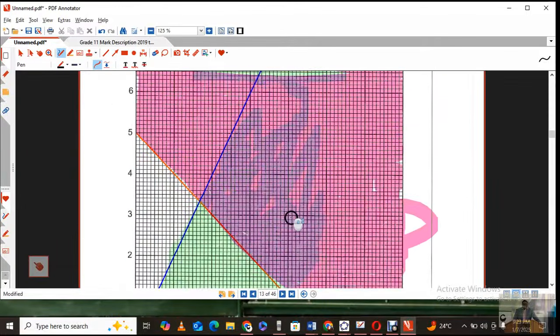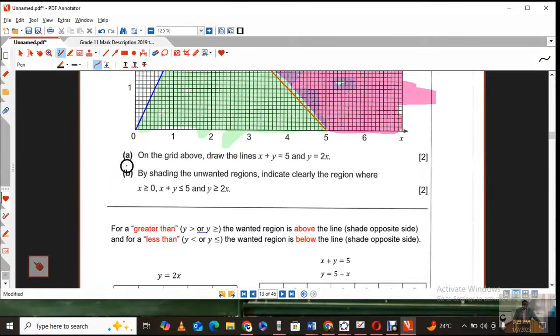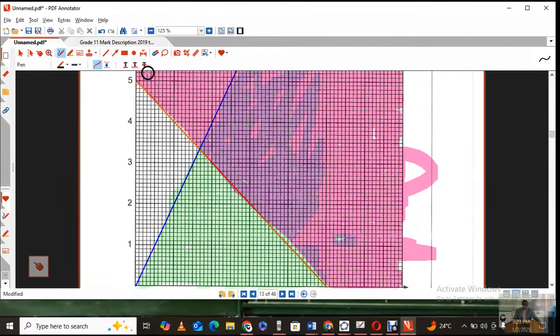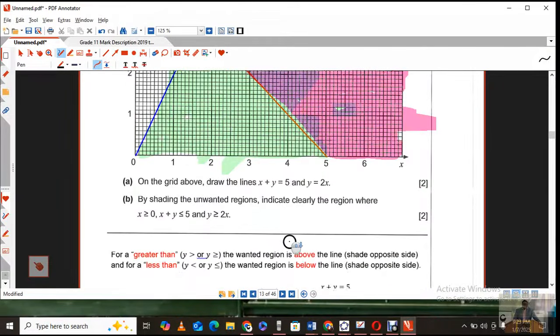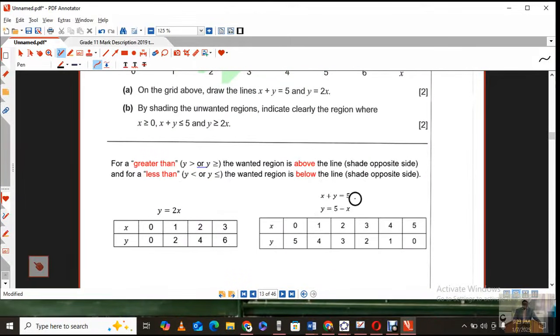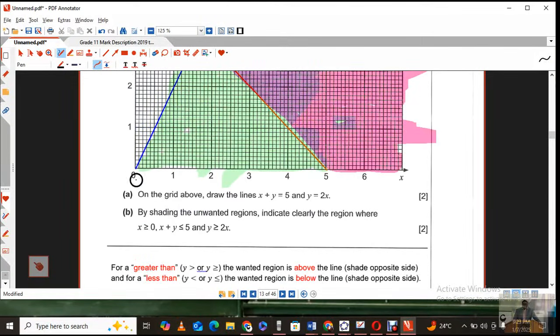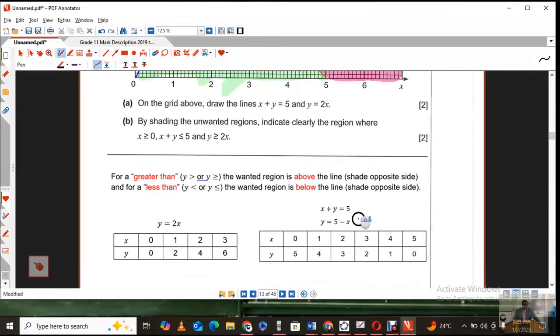Question 27, of course, says on the grid above, draw the line x plus y equals 5. So it's a straight line starting at 5, 5. The reason why that line is there: I took x plus y equals 5 and made y the subject, so y equals 5 minus x. Then I made my table with x from 0 up to 5 and asked what my output is.